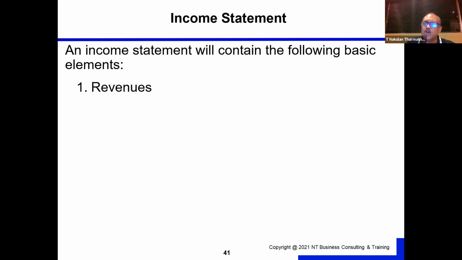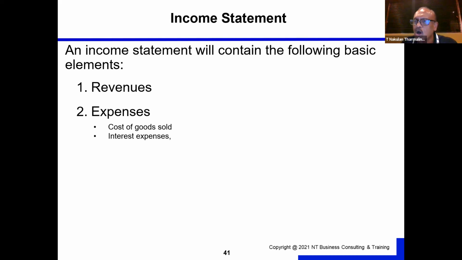The income statement follows standard things: revenue, expenses. For companies who generate revenue by selling products, expenses include what is known as cost of goods sold. If you're funding your business by loans or overdraft, you will have interest expense to pay to the bank.